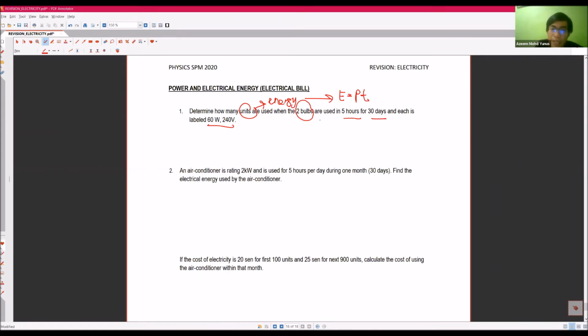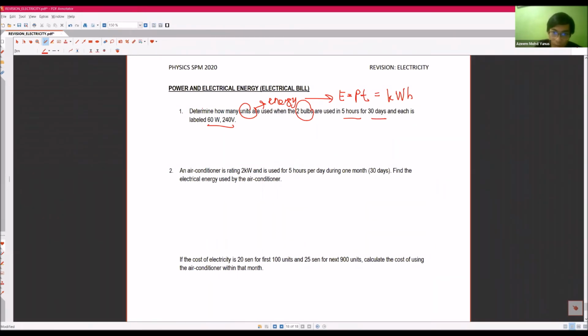But in this case, for electrical bills, we define it differently. We just use E equals P times T, where P must be in the unit of kilowatt and T must be in the unit of hour. So it will become kilowatt-hour.